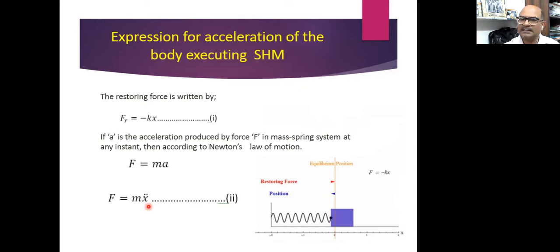These two equations, F is equal to minus kx and F is equal to m x double dot, represent the same force. This is due to the spring and this is the result, and there is no loss because damping is not there and no opposing force is available to restrain this motion. So these two will be equal.